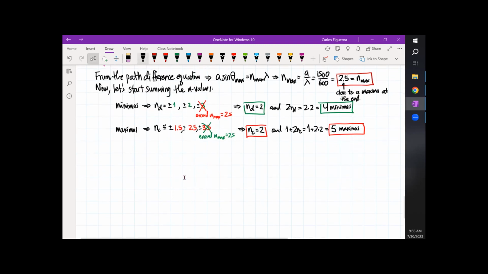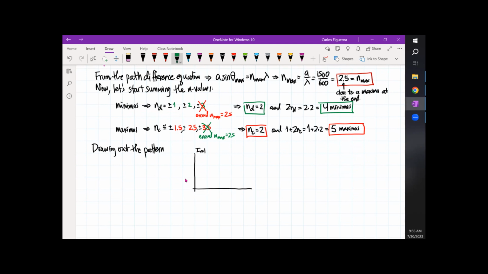Let's draw out the pattern. Again, we know that there have to be 4 minimas, and the last one has to be close to a maximum.